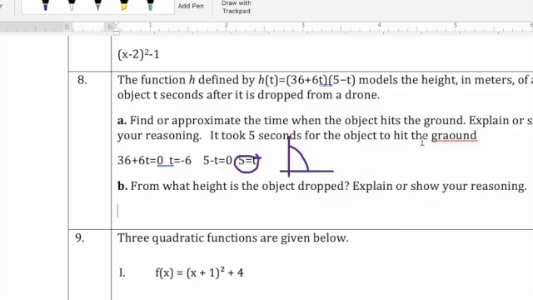Okay, from what height was the object dropped? Explain or show your reasoning.